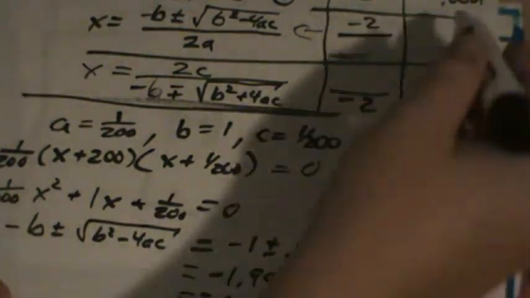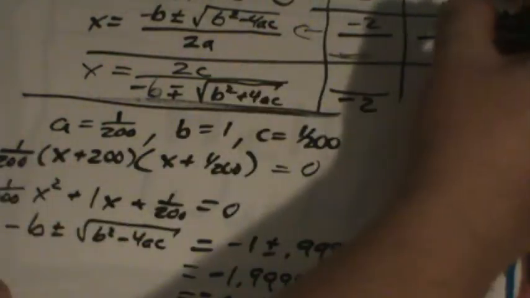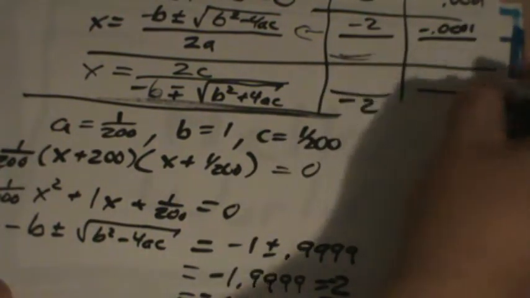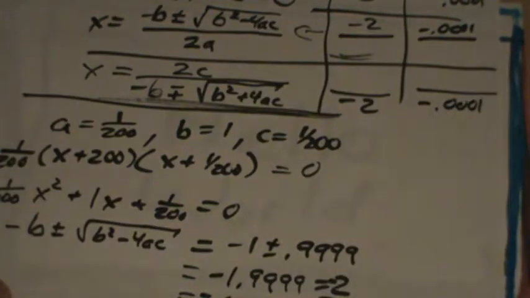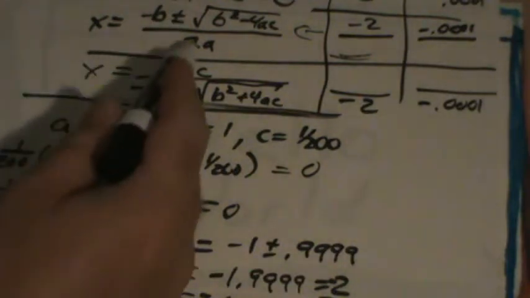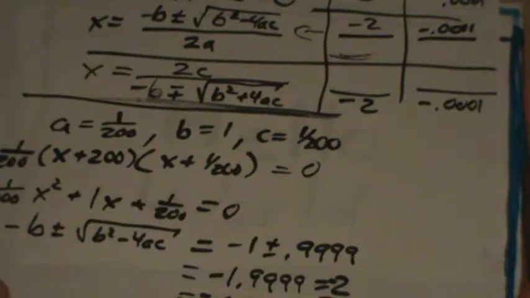All right, and the minus 0.001 is this value on top, and on the bottom it's minus 0.001. Okay? Now, what goes on top or bottom is 2a or 2c, and in this case, a and c are the same thing. If I double them, I get 1 over 100. So in this case, I get the number 0.01.